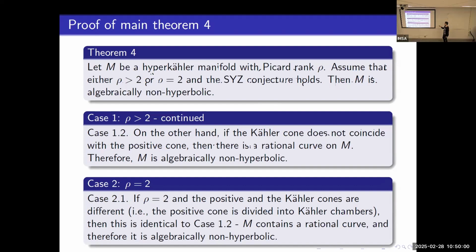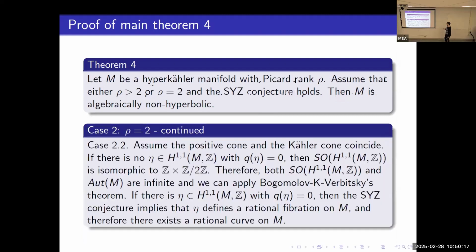Now let's assume that rho is equal to 2, so you have Picard rank 2. We can no longer apply Harish-Chandra's theorem, so we have to do something else. One can do some lattice theory. Let's assume that the positive cone and the Kähler cone coincide, and you have Picard rank 2.